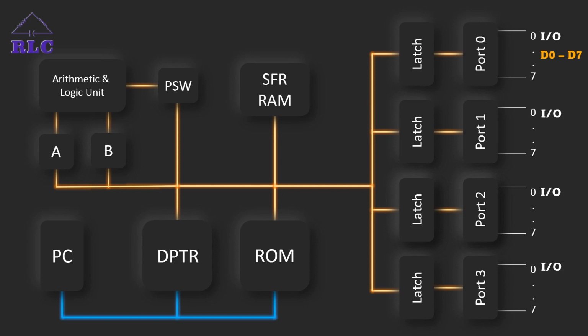This port 0 can be used for fetching data from an external source, D0 to D7. That means these pins act as input or output lines, and also as data lines. Since it is multifunctional, we are going to have a latch in between.